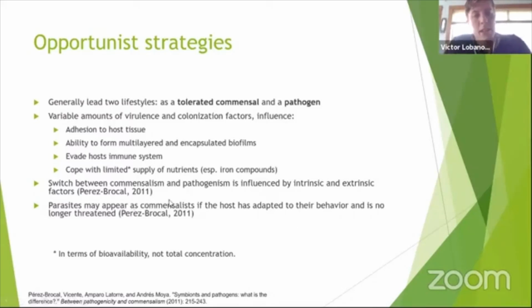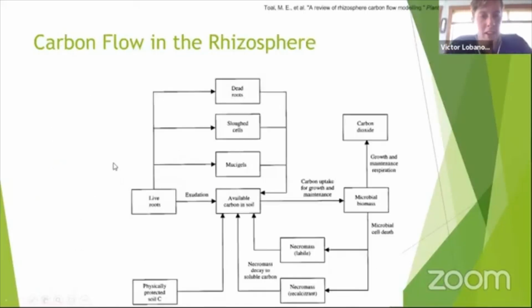Because of that, parasites can sometimes appear as commensalists, especially if the plant adapts to accommodate that type of niche in the rhizosphere. So sometimes the plant just gets used to having a certain type of opportunist, and then they create a new contract and a new agreement of living together. So it's quite complicated.